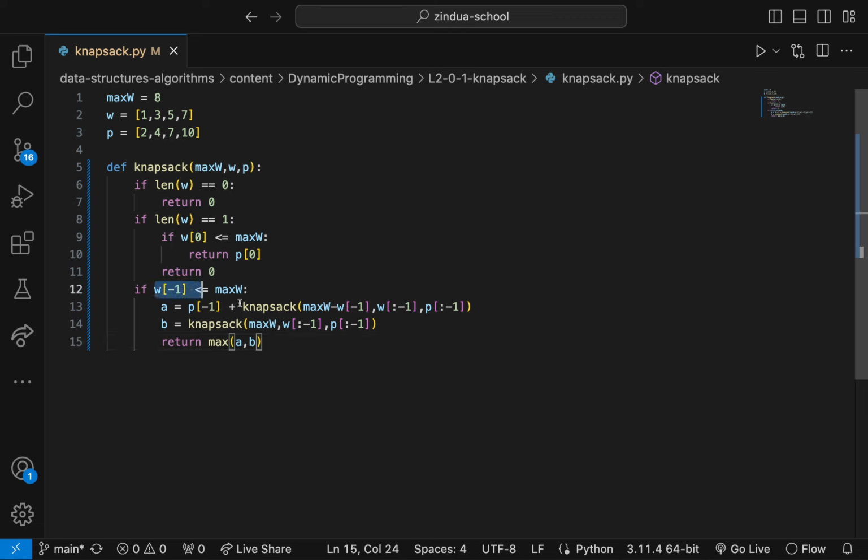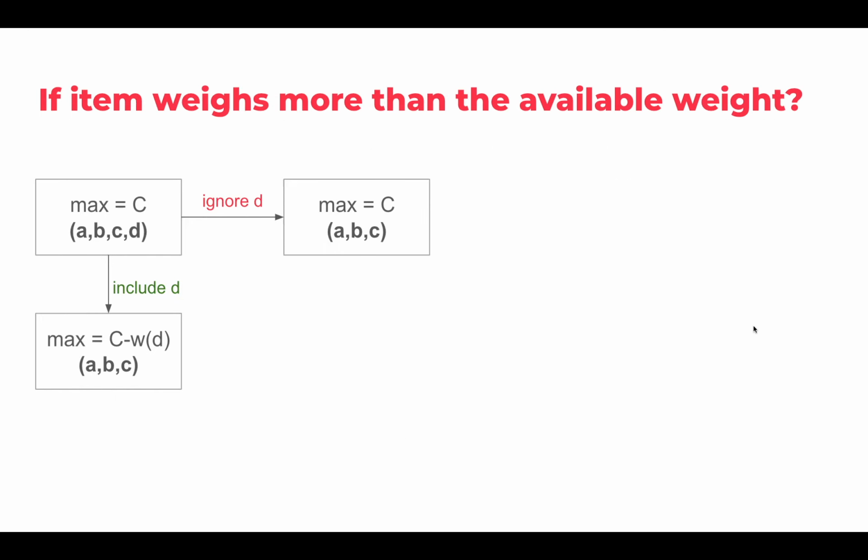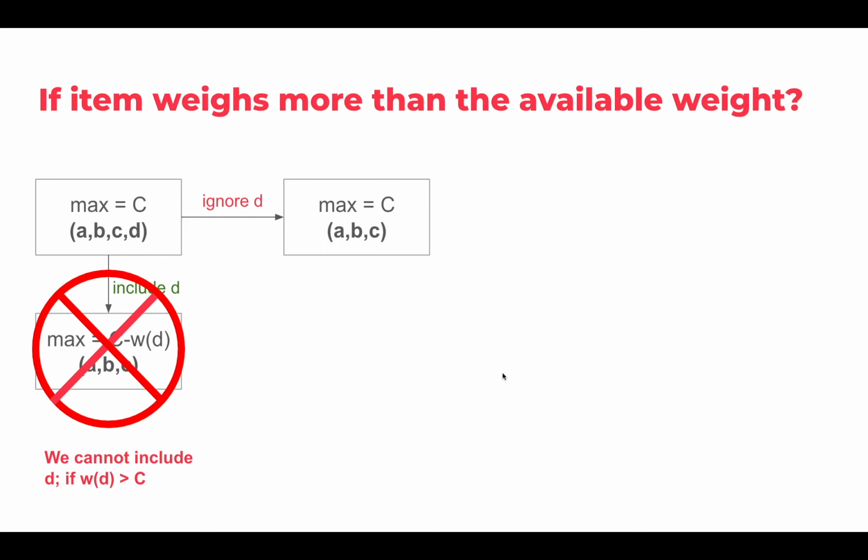That's if the weight can fit the maximum weight available in my knapsack. And this only works if that's the condition. If this does not work out, then we come to this case here, where we don't include one branch and we only worry about one branch.